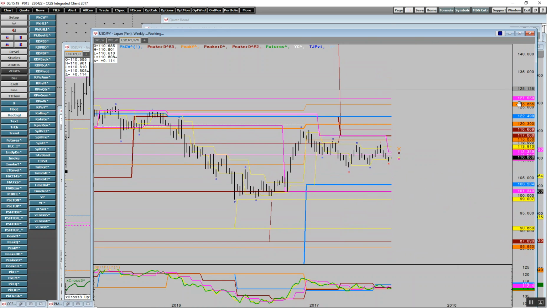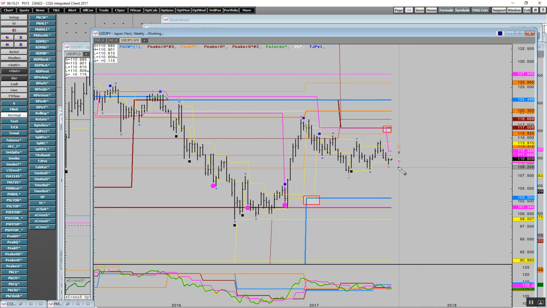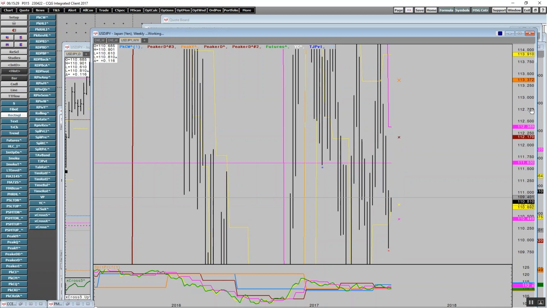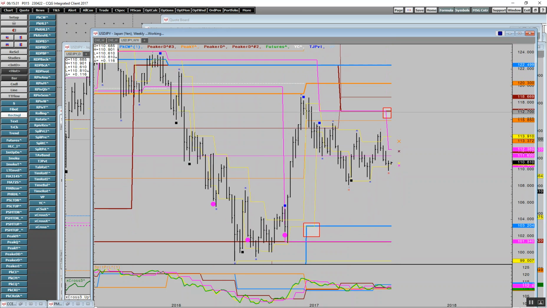Really, the key for yen is closing the week under one of these weekly supports, which currently resides at, well, this week it's 110.692, and to the upside you've got this monthly level at 112.389 that's now acting as a weight, trying to push yen down.